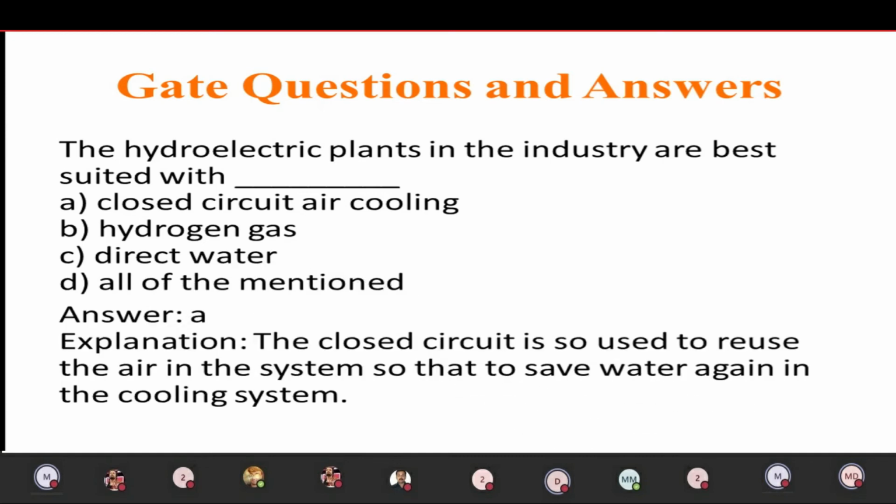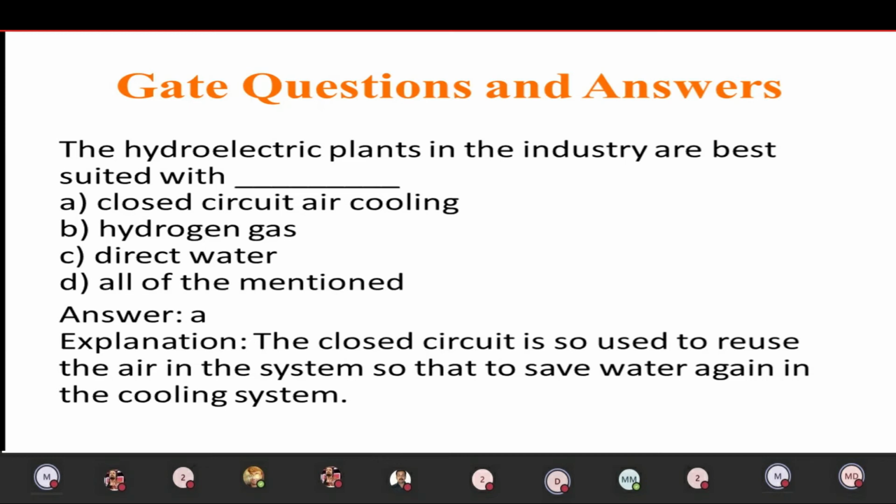So let me see the answer. The closed circuit is used to reduce the air system. So water saves water again in the cooling system. So why does it happen? Because, as we have already discussed, we have two different alternators.